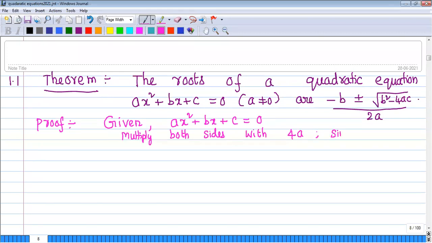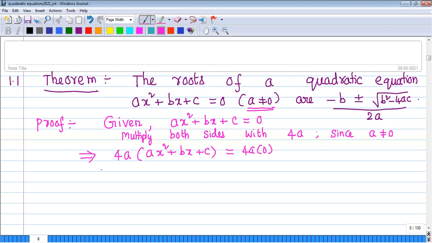Since a does not equal to 0, that means indirectly we are not multiplying with 0, because it is already given in the theorem itself that a does not equal to 0. So then it becomes 4a times ax square plus bx plus c equals to 4a times 0.